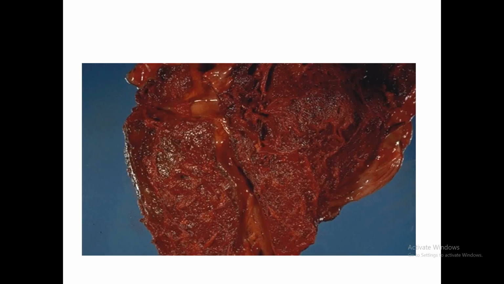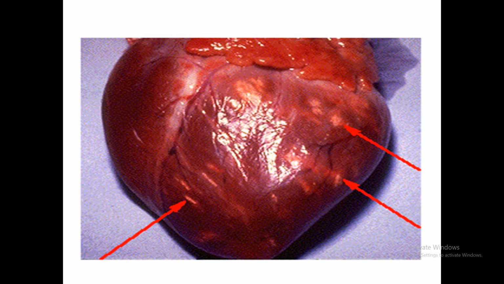This is how the heart is seen. At autopsy it is wholly red. You see, it is a shining red heart. And there are different parts seen in the heart. You see the lesions on the surface of the heart, with a red background around and a pale area in the middle.